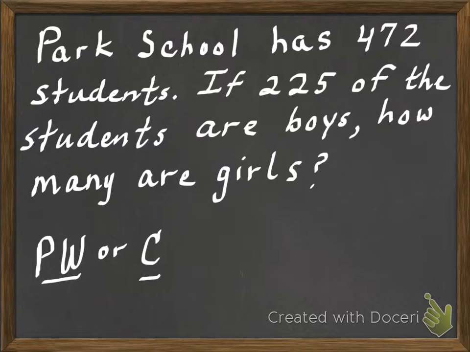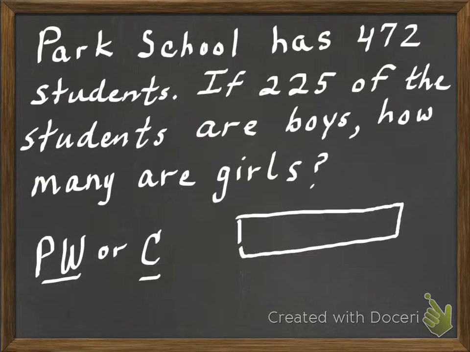Alright, so you paused the video, and this was the part-whole problem, which means my bars are going to touch. Everybody's getting along. Nobody's bragging. We have the whole. The whole amount of students at the school is 472. We know that a part of the students are boys.